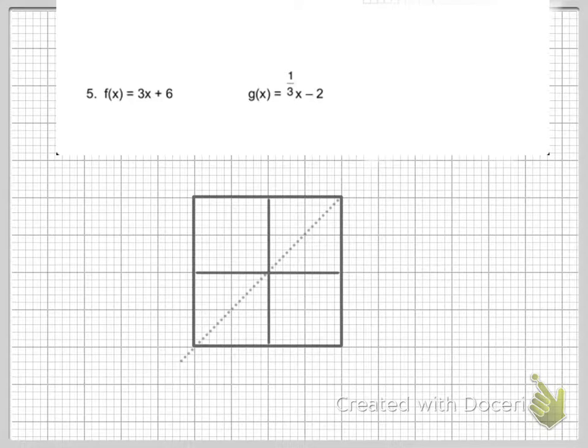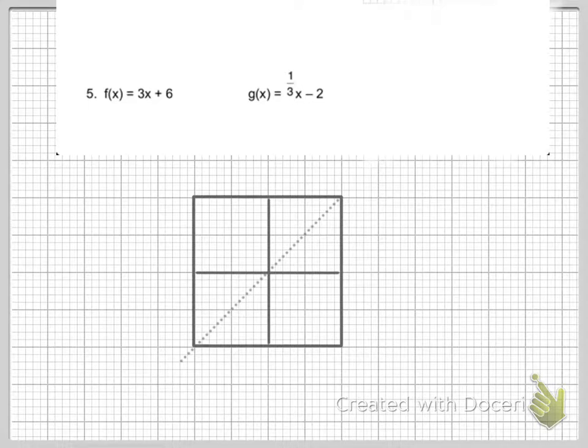All right, looking at this one, I had a space where the graph ran off the page somehow on my picture. I don't know if it did on yours. But when you check these, it says to check them and graph them.